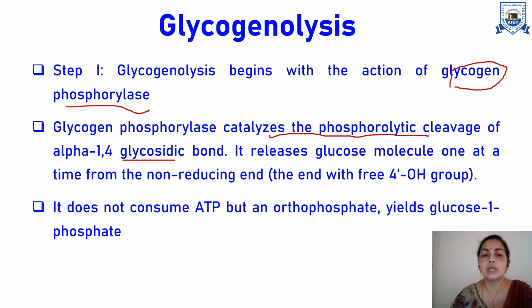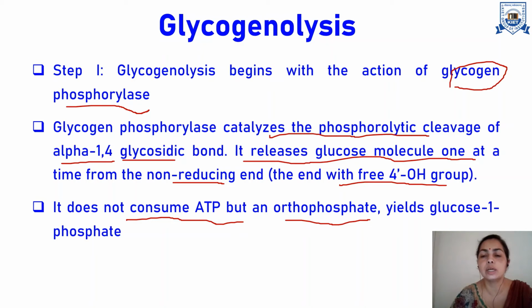This enzyme is responsible for breaking alpha 1,4 glycosidic bonds, and it will release glucose molecules one at a time from the non-reducing end, so that we could have the end with a free 4-hydroxyl group. In this way the linear chains will be broken and the glucose molecules will be released one by one. This step does not consume any ATP, but an orthophosphate is used to yield glucose 1-phosphate. So this is step 1 of glycogenolysis.